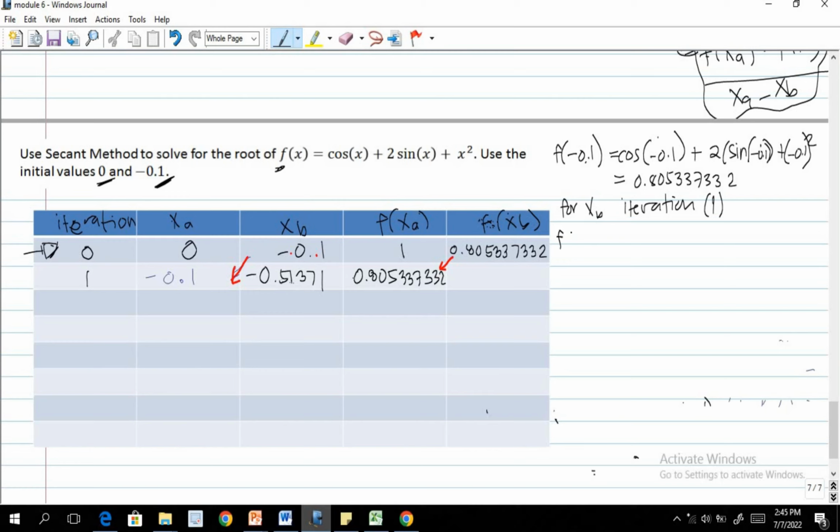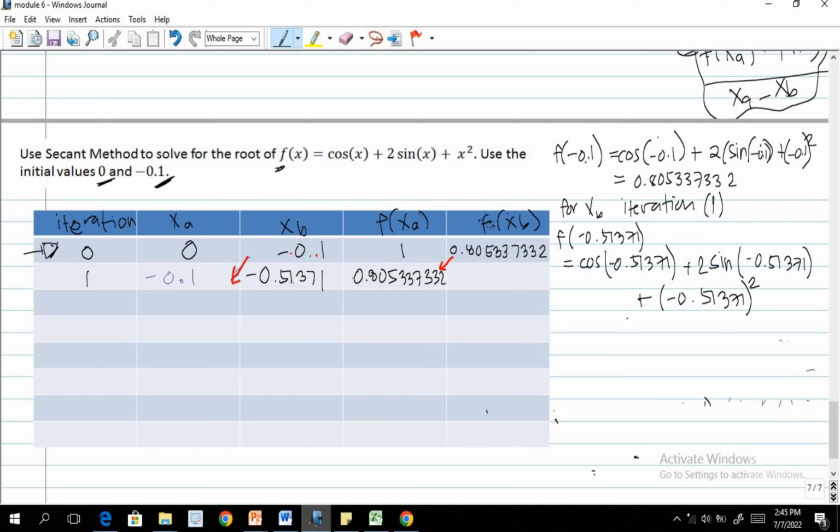So, yung value ko ngayon ng function negative 0.51371, magiging equal siya to cosine of negative 0.51371 plus 2 of sine negative 0.51371 plus negative 0.51371 squared.